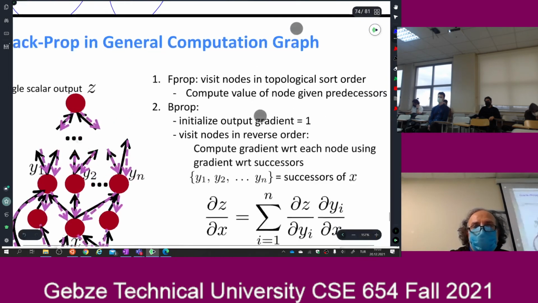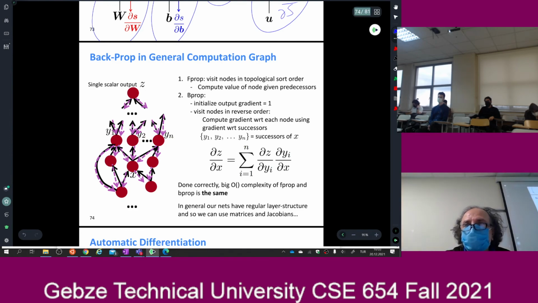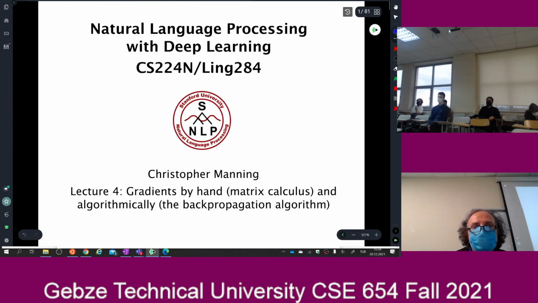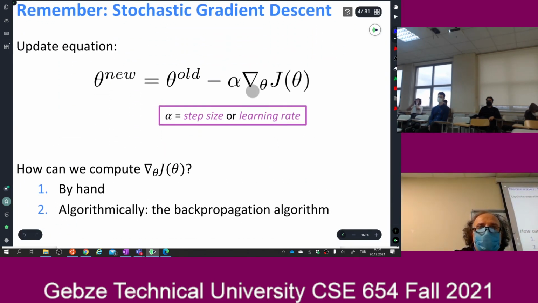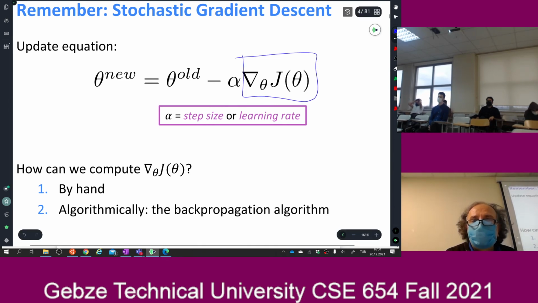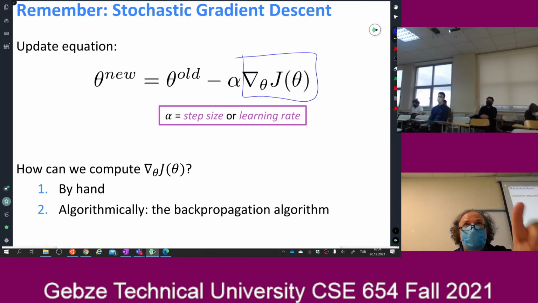Remember, we are trying to find the derivative of this loss function with respect to all the parameters. Once I have found this, I multiply it with an alpha and subtract it from the old parameters. Oh, so the parameters here are W. No. Are there any other questions?